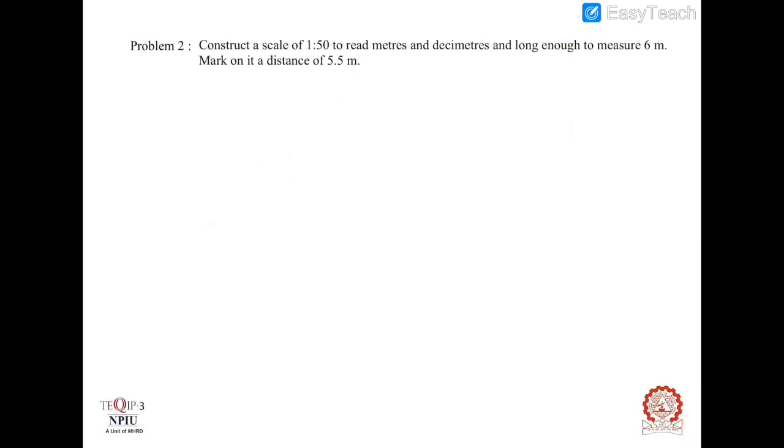Now we look at another problem. Construct a scale of 1:50 to read meters and decimeters and long enough to measure 6 meter. Mark on it a distance of 5.5 meter. So in this question we have to make a scale so that we can measure 5.5 meter, and here the total length of scale is also given, 6 meter.